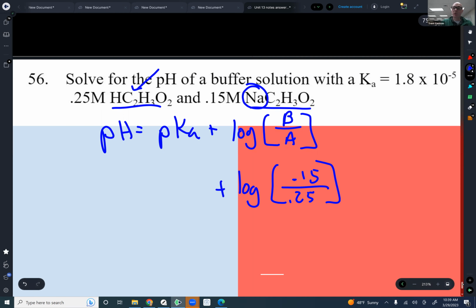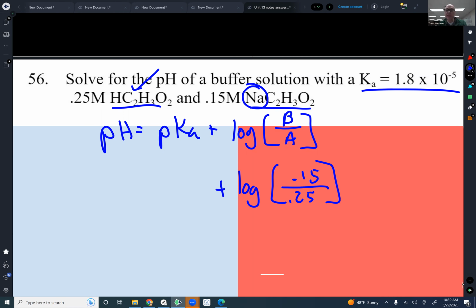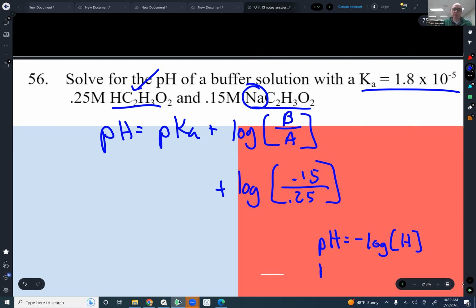The pKa, well, we're given a Ka, so what we have to do is just like we did for pH. Remember, the formula for pH is equal to negative log of the hydrogen ion concentration. Well, the pKa is going to be equal to negative log of the Ka value.